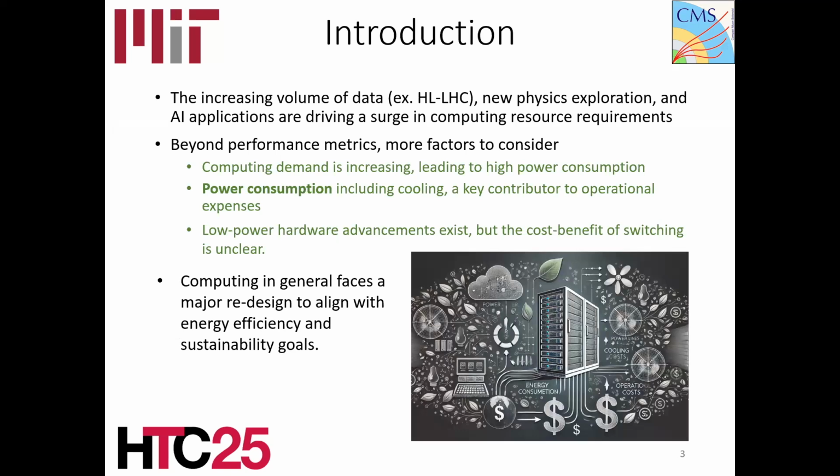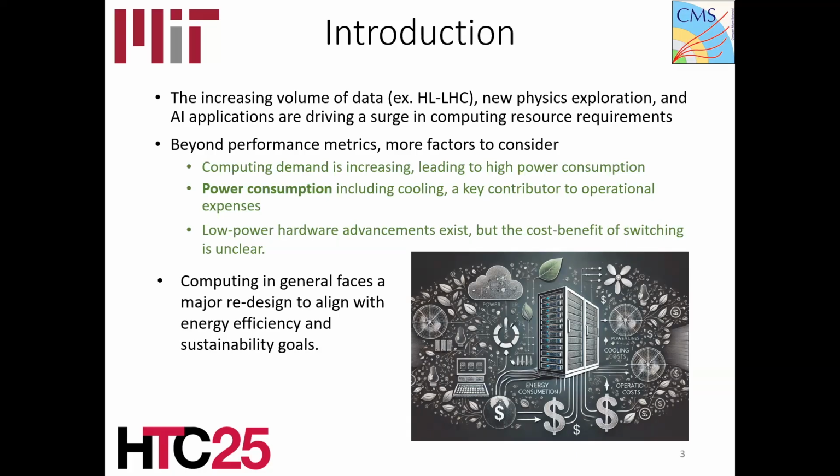Okay, so over the years, the demand on computing resources has significantly increased because we have a much larger volume of data coming in. We have more varied physics models to simulate, and especially with the recent AI development, the corresponding applications are also growing.